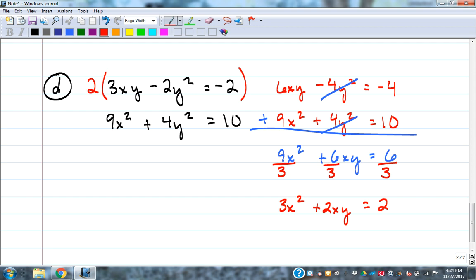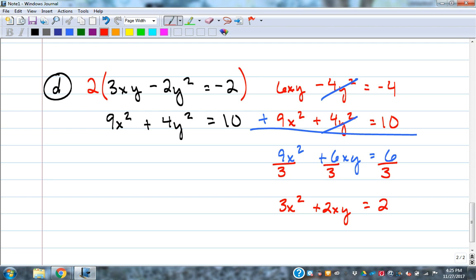Now, since I have this equation and it has the xy piece in it, I think I should probably do my best to not have that term hanging around, because I can solve things that have just an x variable in it. I can solve things that just have a y variable in it. Things that have x and y at the same time, borderline impossible to solve.